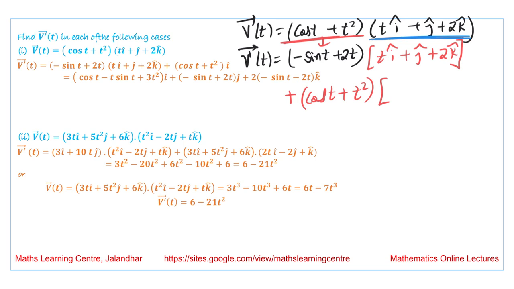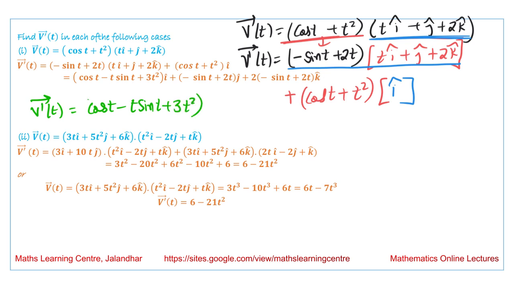The derivative of the second function is I cap, and if we adjust the terms, we obtain that v dash t is equal to (cos t minus t sin t plus 3t square) times I cap plus (minus sin t plus 2t) times j cap plus 2 into (minus sin t plus 2t) times k cap.